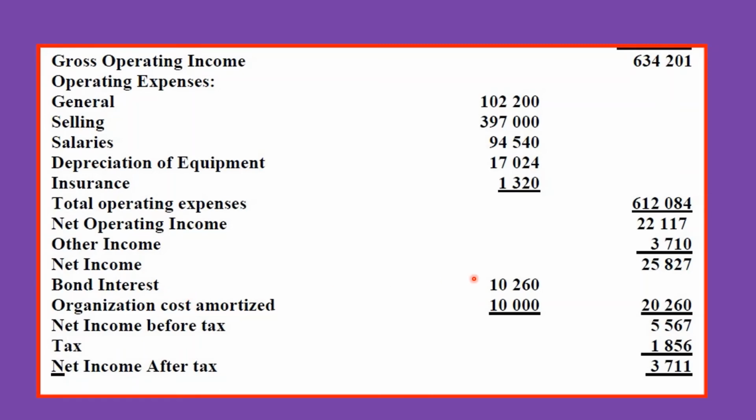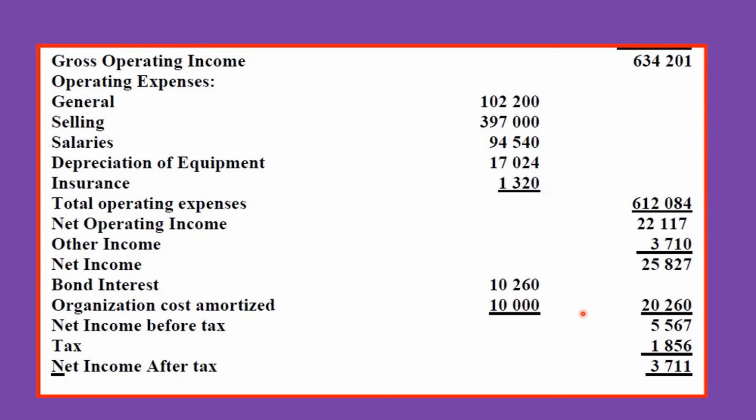We don't have any other loan interest. We didn't have a figure for the note payable, remember that? But we have the organization cost amortized. Since this is an intangible asset, what we do is we amortize it. We cannot depreciate it.